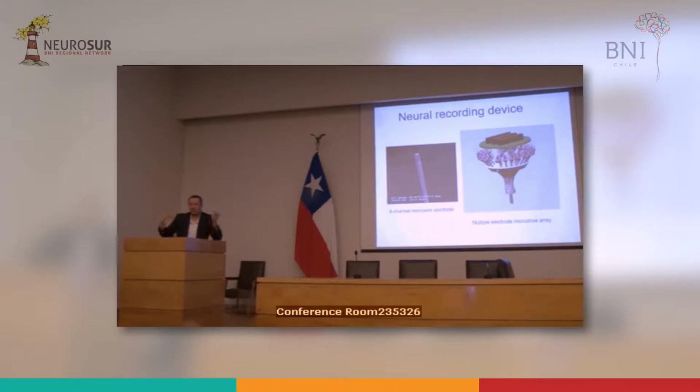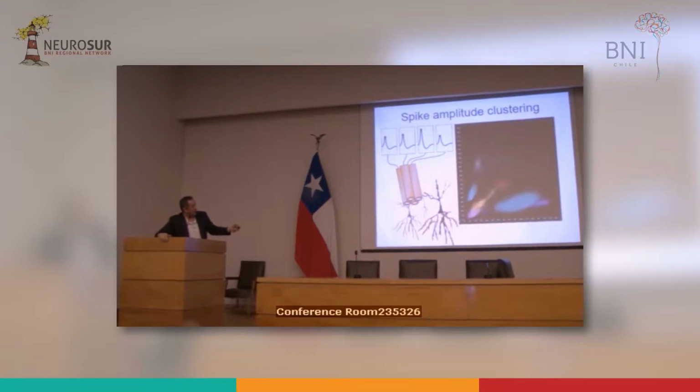The idea was that this approach would allow us to understand coding at the finest level of functional granularity, that is, spiking activity of populations of individual neurons, with the idea that information in the brain is represented by patterns across neurons. By recording spiking activity from these extracellular electrodes, this is showing the raw data, we could construct profiles of spiking amplitudes across these 4 channels that would allow us to simultaneously record on the order of 100, maybe a few hundred neurons.